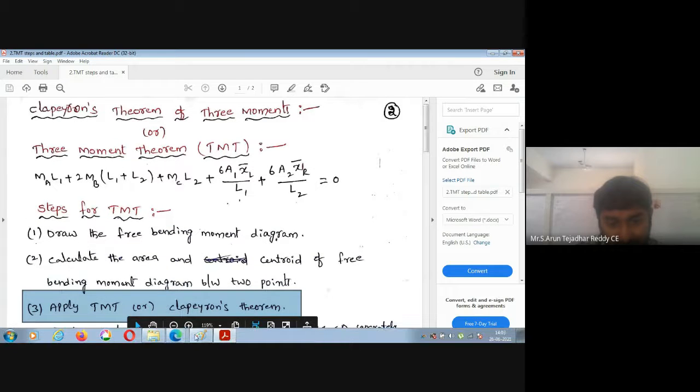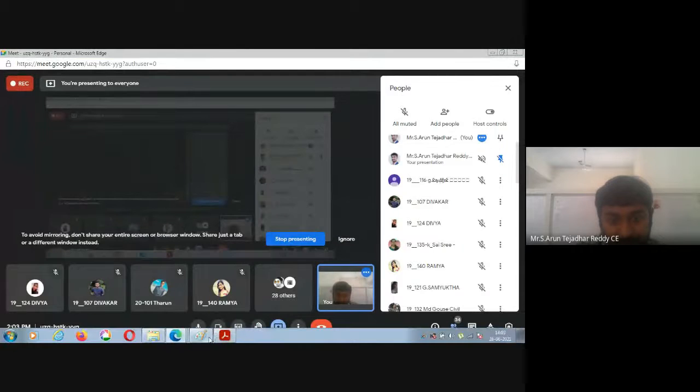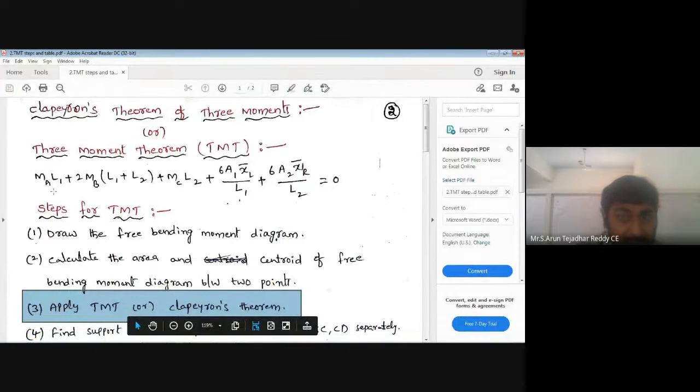All of you read that formula. The formula here: MA L1 plus 2MB (L1 plus L2) plus MC L2 plus 6A1 XL bar by L1 plus 6A2 XR bar by L2.